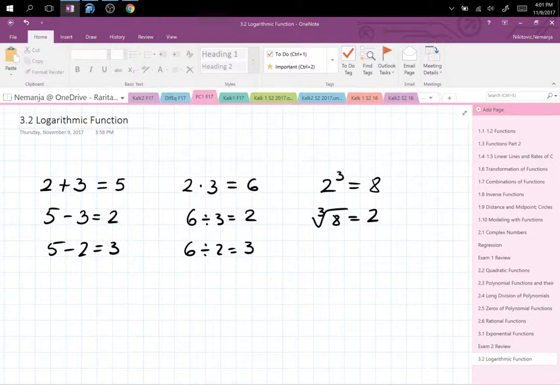So, yeah. It is log base 2 of 8, and we get 3. So what is log in the end? It's a mathematical operation.